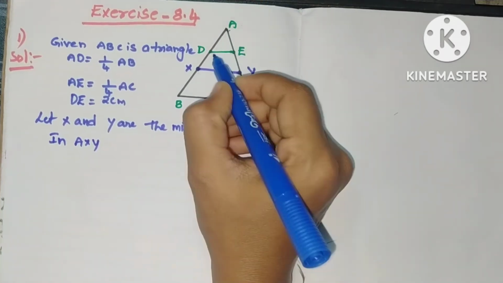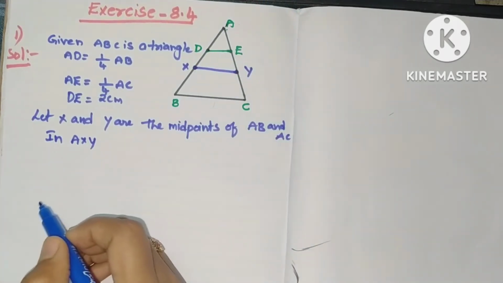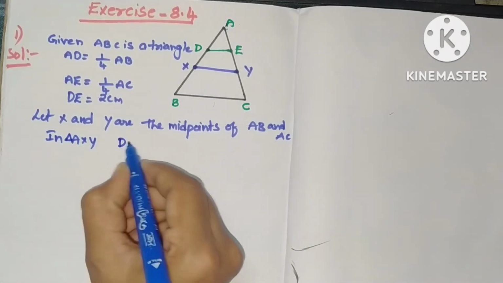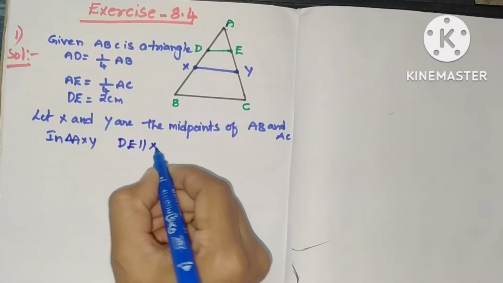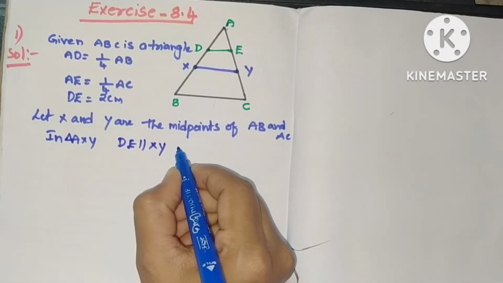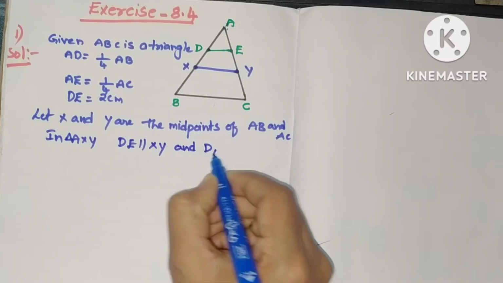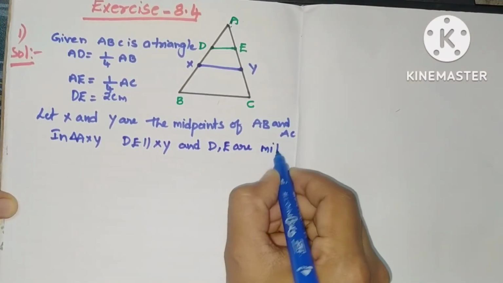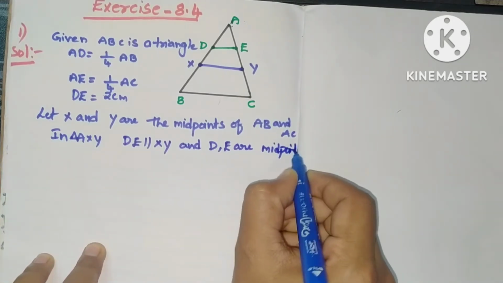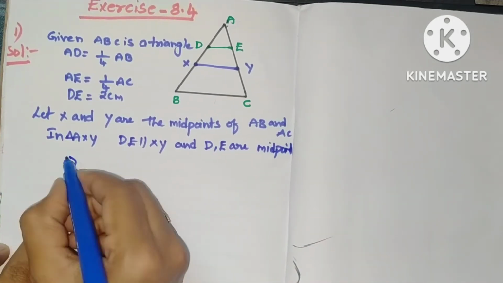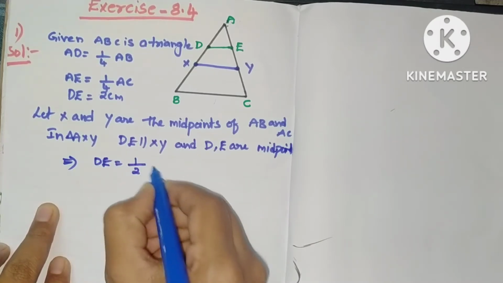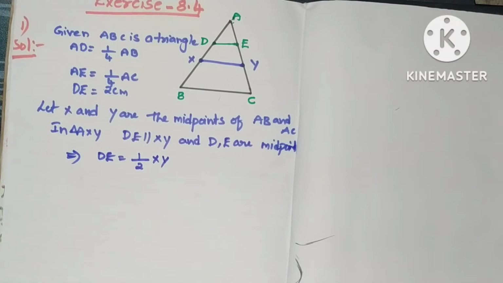That means D is half of AX only. So in triangle AXY, DE is parallel to XY, and D, E are midpoints. So that implies DE is equal to half XY.